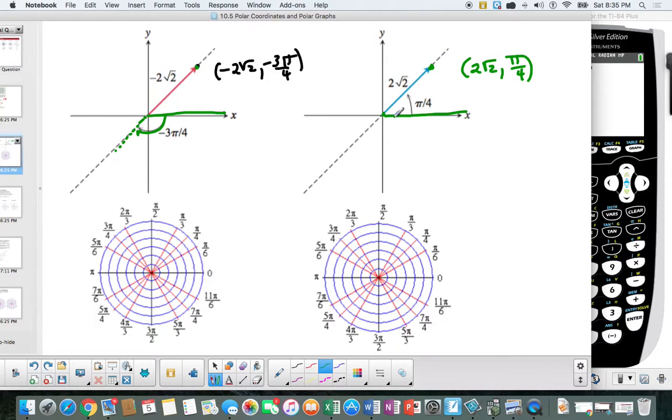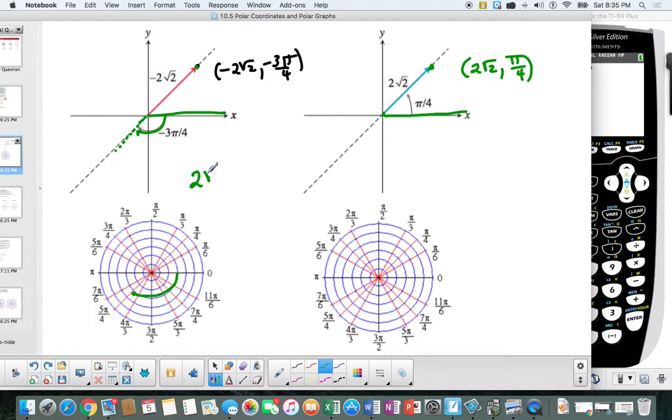This is done with the xy axis, but we can also do it with a polar graph, and we would do it much the same way. We would make an angle of negative 3 pi fourths, so we're going to go around this way. Normally we would have a positive radius, but since it's a negative radius, we have to go in the opposite direction.